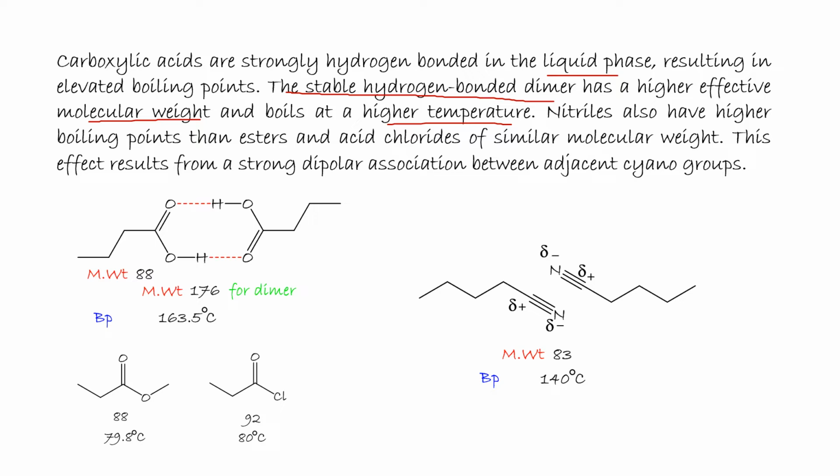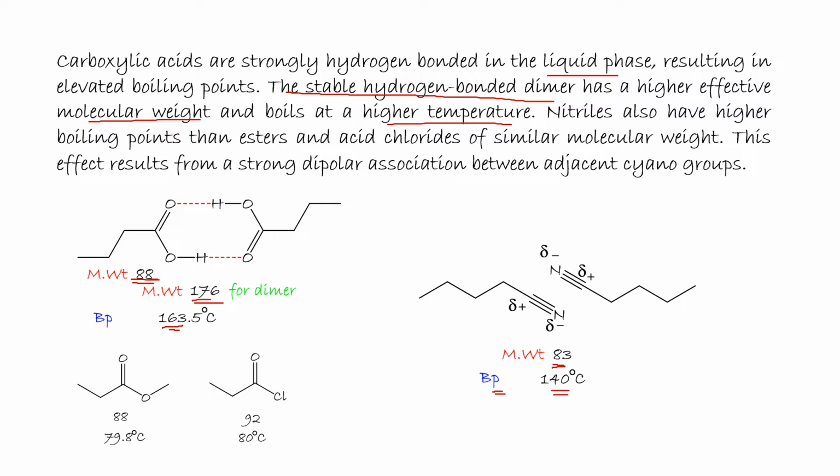Here we have the acid, monomer molecular weight of 88, the dimer is 176, and you can see the boiling point is high, 163. For the nitrile, similar molecular weight, 83, we find that the boiling point is high, 140.